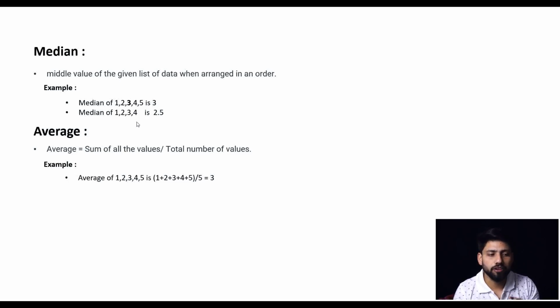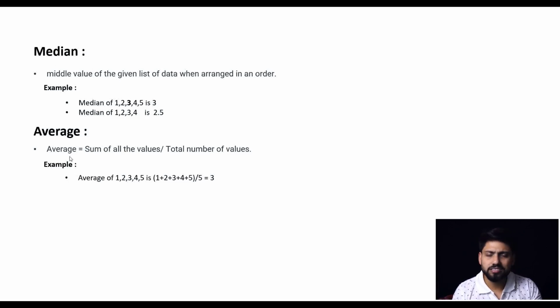Whatever the numbers in the middle are, both will be added and divided by 2 to give you the median value of that whole list. In this example, 1, 2, 3, 4, when we add 2 plus 3 it becomes 5. On division by 2 it will be 2.5, right? Again, hope this median is very much clear to you.